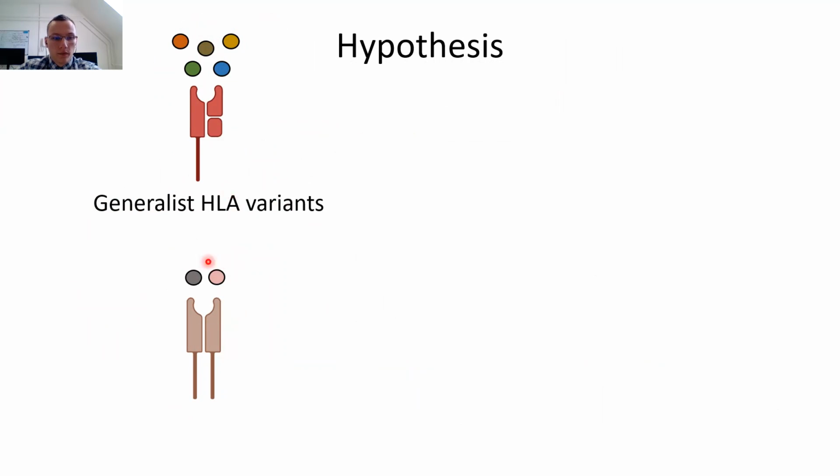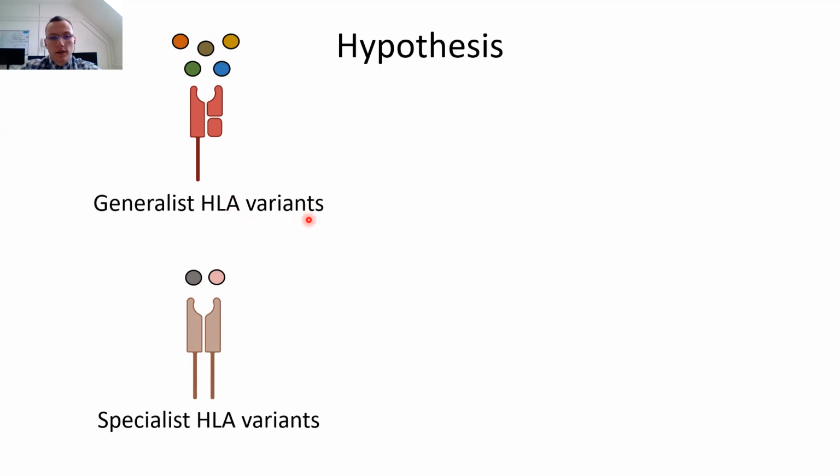In the other group, the HLA molecules were able to bind only a small number of different peptides, and therefore we call these specialist HLA variants because they bind only a small and specific set of peptides.